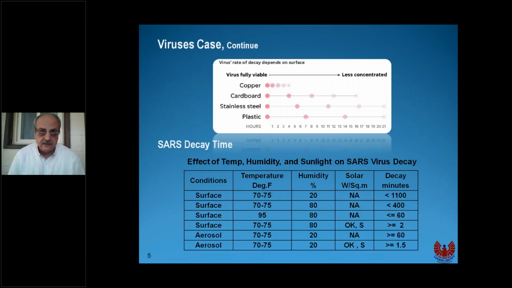We have another thing. We need some way to scavenge any viruses that stay on the surfaces, on copper, on the bed, on the furniture, on plastics, on chairs, on sofas. So how can we scavenge this? At the beginning we have to know how many hours this virus can stay in the ambient condition.